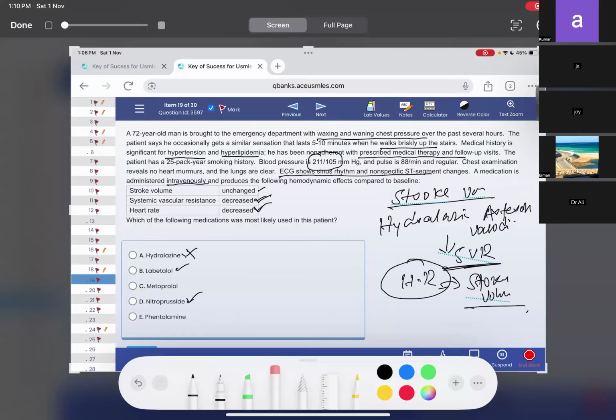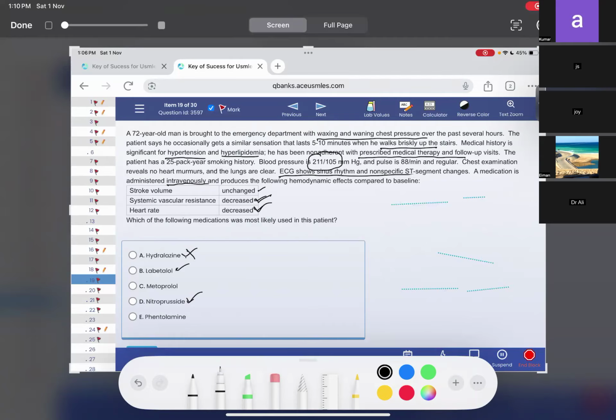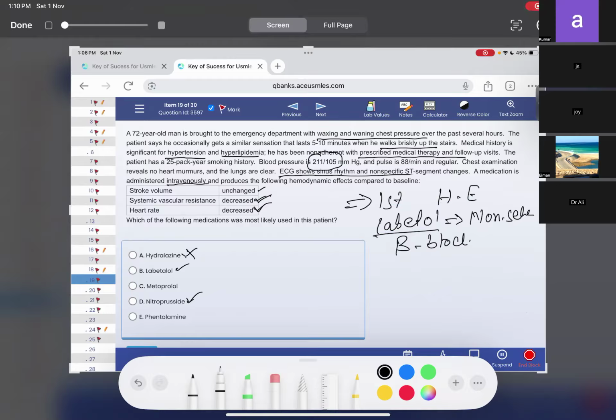So let's move to labetalol, which is the first line medication usually used in hypertensive emergency. Labetalol is a non-selective beta blocker. It has beta 1, beta 2, and alpha 1 antagonist effects.